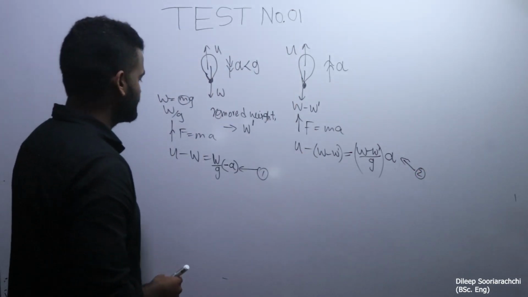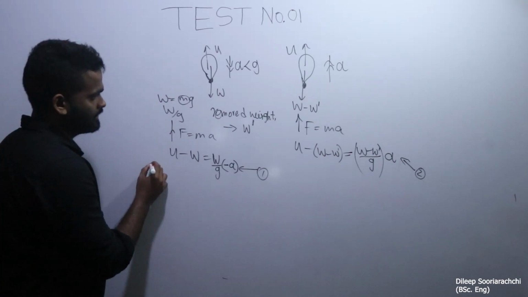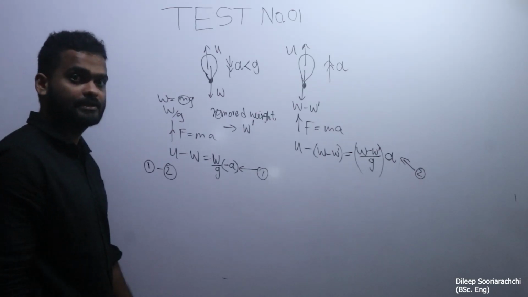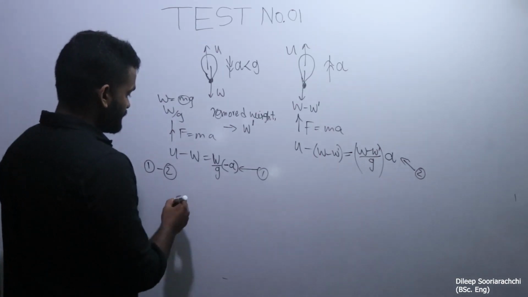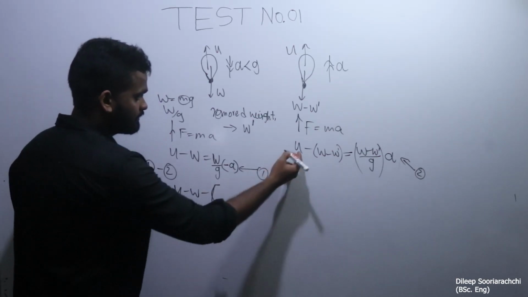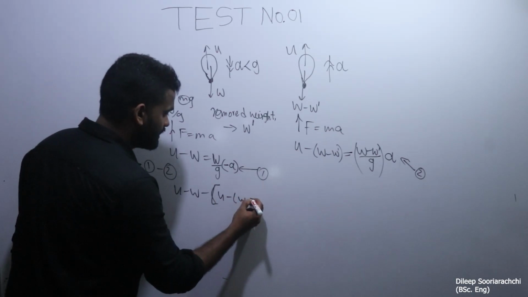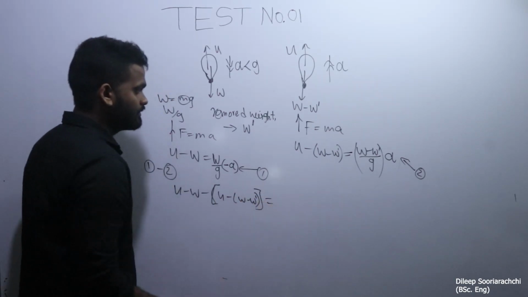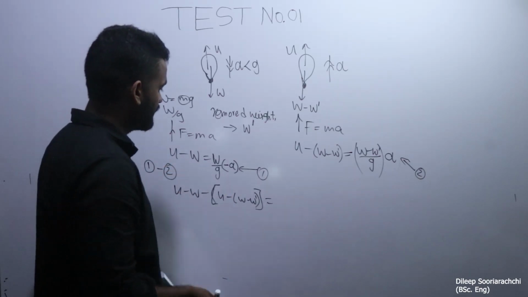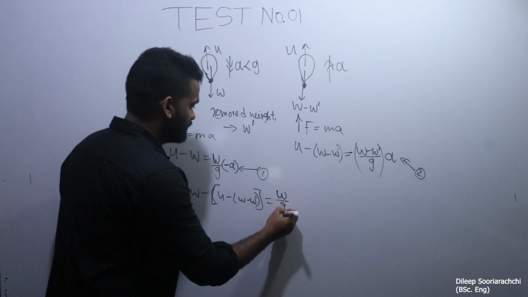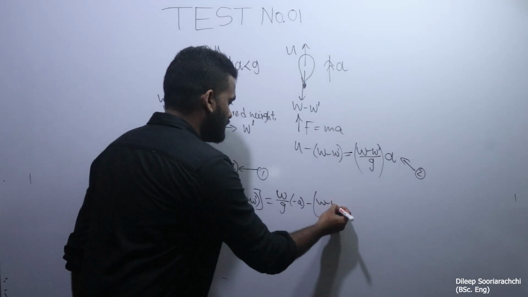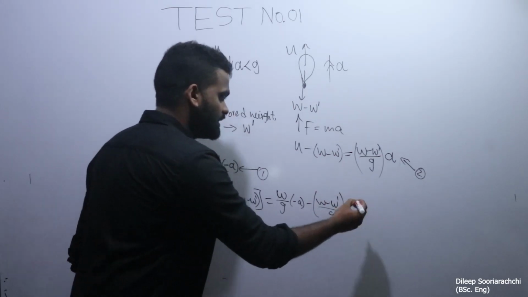Then I am going to subtract this equation from the first equation, the second equation. So if I subtract the first equation, that is U minus W minus that whole thing, U minus W dash. I subtracted the left side, then I have subtracted the right side, that is W over g times a minus W dash over g times a.